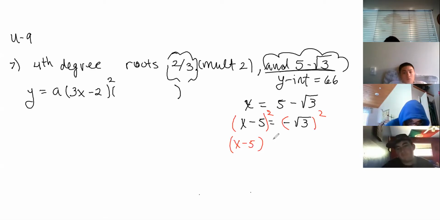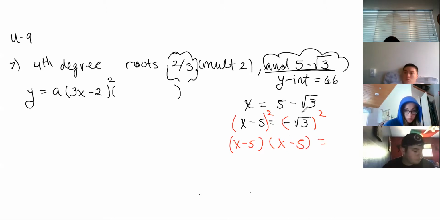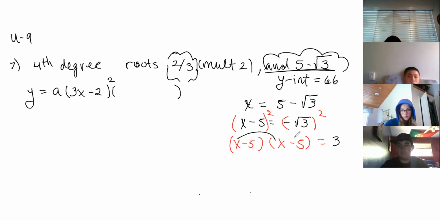Don't forget, when you square a polynomial, you have to write it out twice. This piece here is a monomial, so it's just a negative times a negative is a positive. What's root 3 times root 3, or root 3 squared? 3. The negative's gone because of the squared, and the radical's gone because of the squared. And then you do your double distribution.